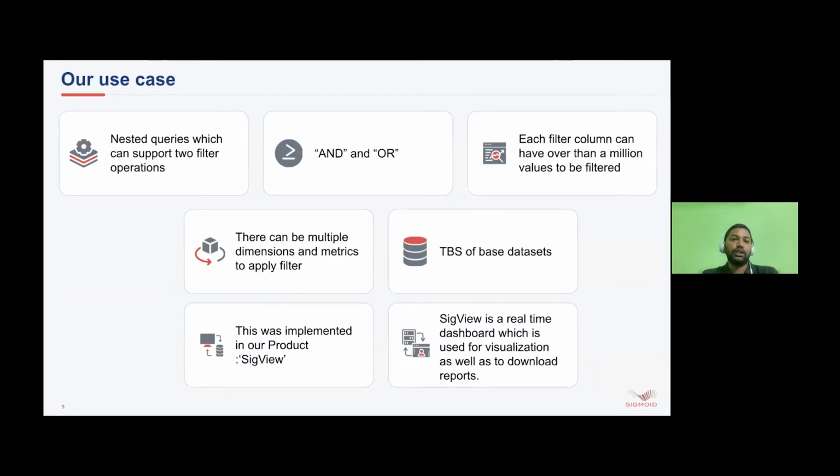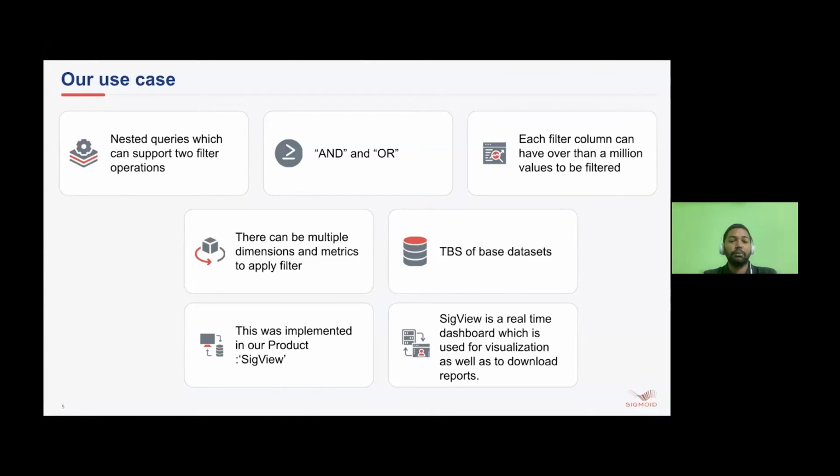So in our case, what type of nested queries do we deal with? Let's discuss that. In our case, we have nested queries which can support two filter operations and an OR. Each filter column can have more than 1,000,000 values to be filtered.